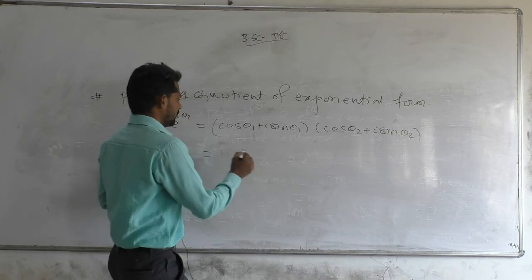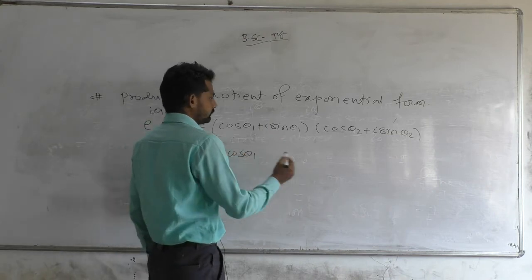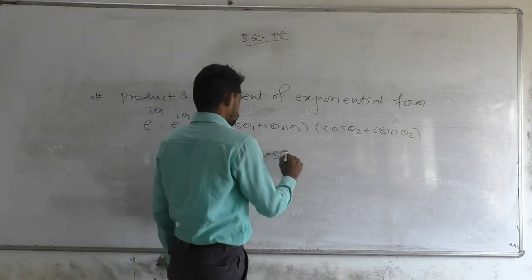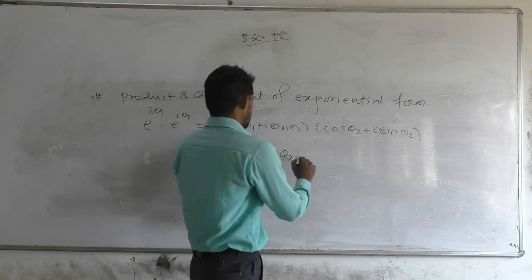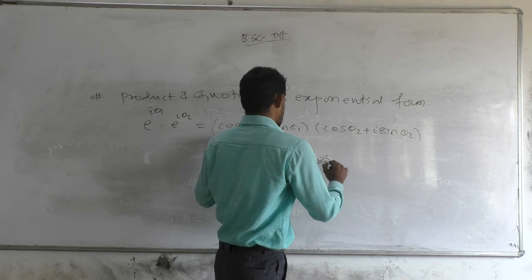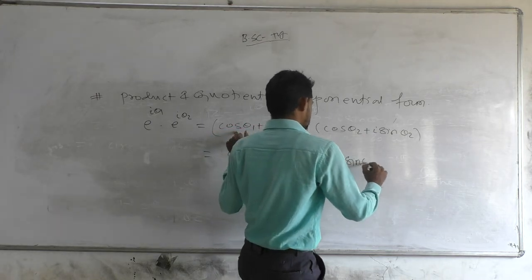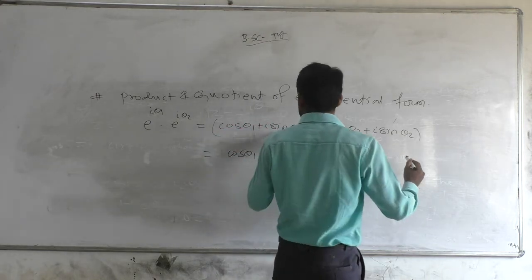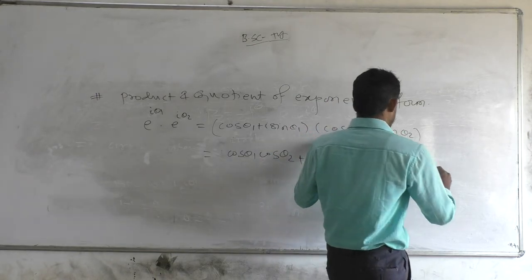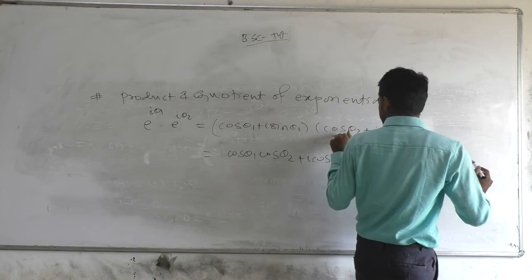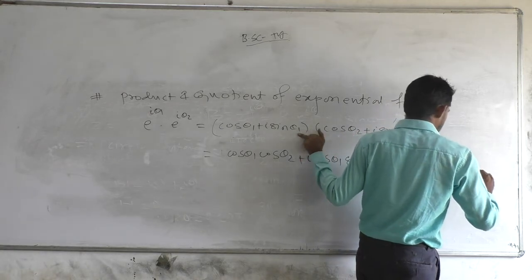So if you multiply, cos theta 1 into cos theta 2 plus i cos theta 1 sin theta 2 plus i sin theta 1 cos theta 2 minus sin theta 1 sin theta 2.